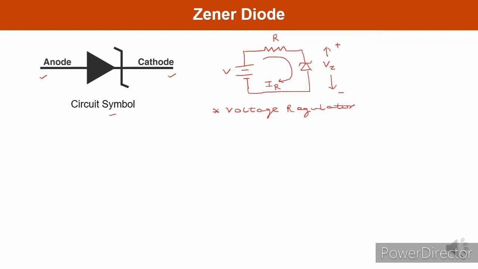How is the analysis of a Zener diode circuit done? You can analyze a circuit using a Zener diode easily by replacing the Zener diode with its equivalent circuit. And for this, two conditions of the Zener diode, two states exist. Let me write it.